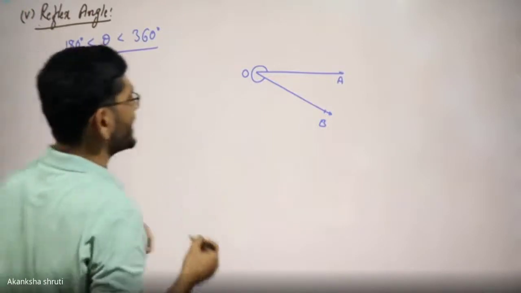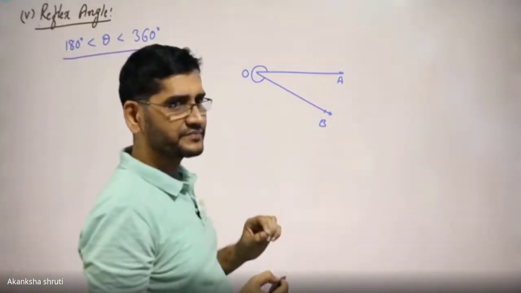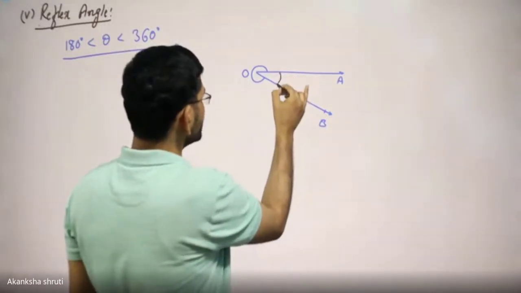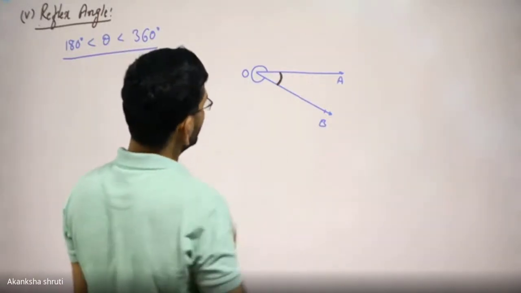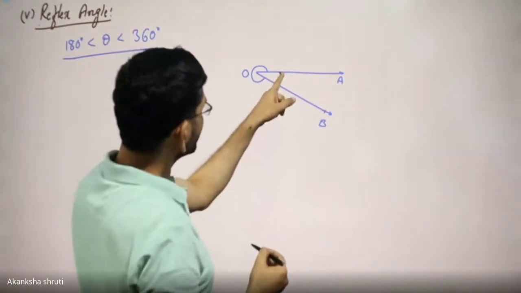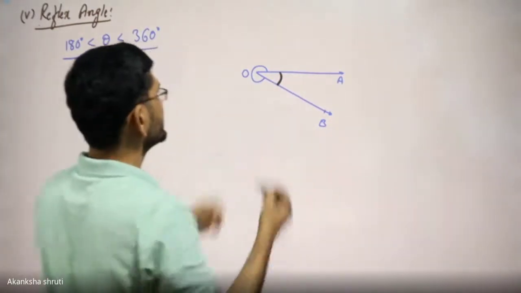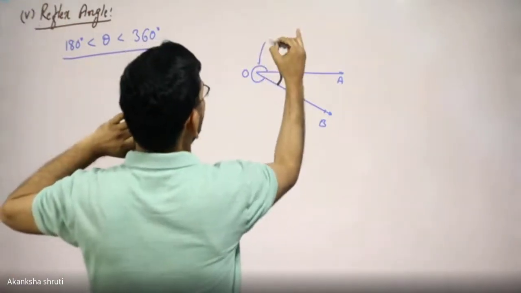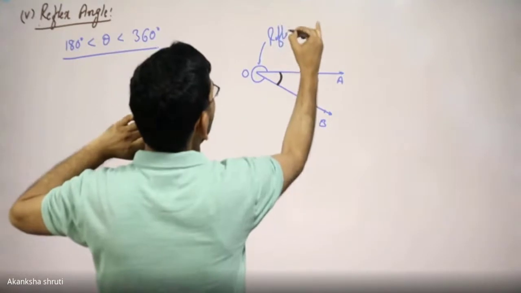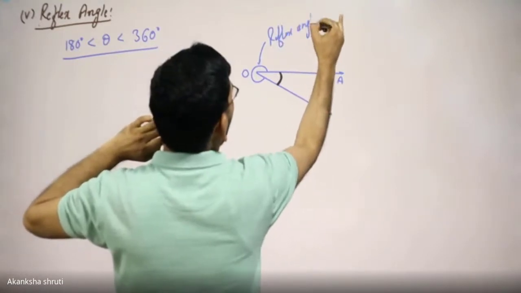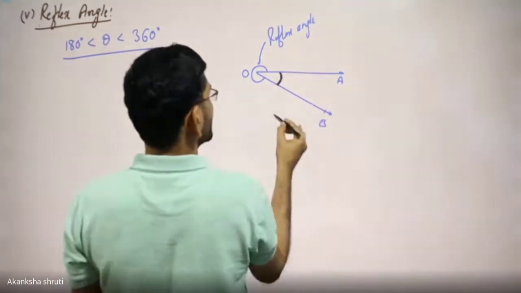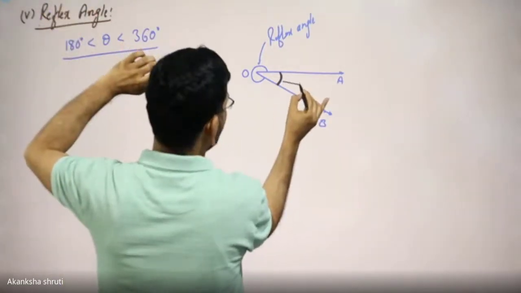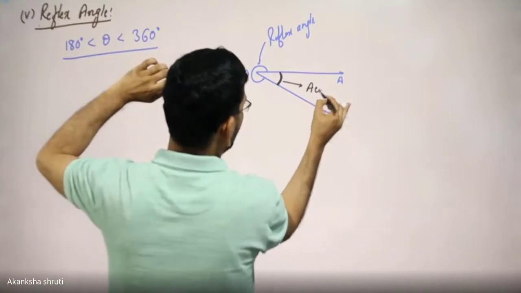But keep in mind, for this reflex angle, there is always some other associated angle on the other side. Like here, this side is what? One of the acute angles. So students, keep in mind, this side angle is called the reflex angle. In this case, this angle is our acute angle.